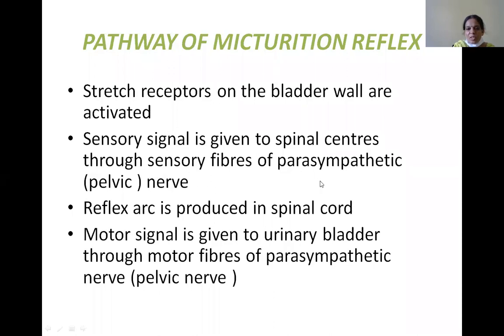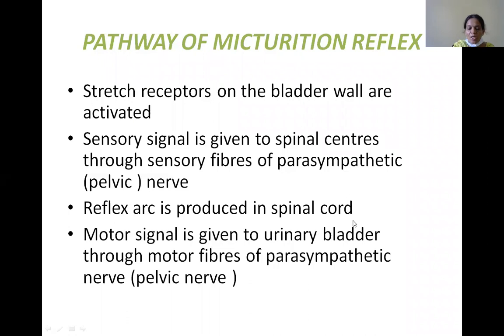This parasympathetic nerve, that is the pelvic nerve, consists of both sensory as well as motor fibers. It carries the afferent impulses as well as the efferent impulses through the pelvic nerve.